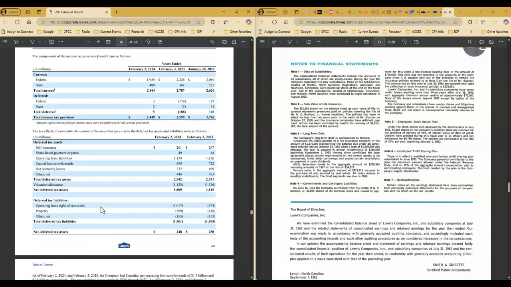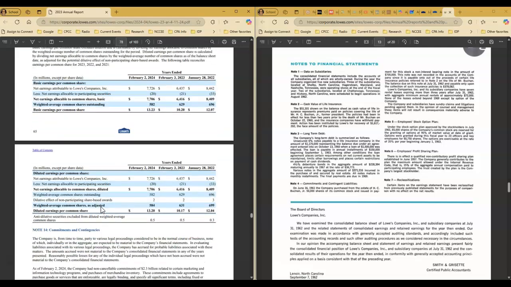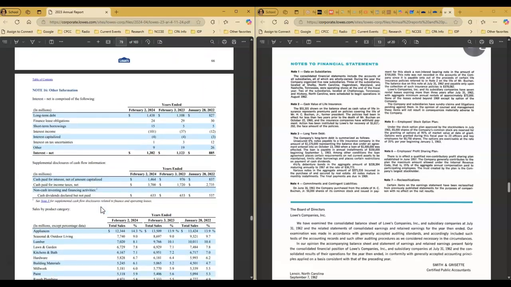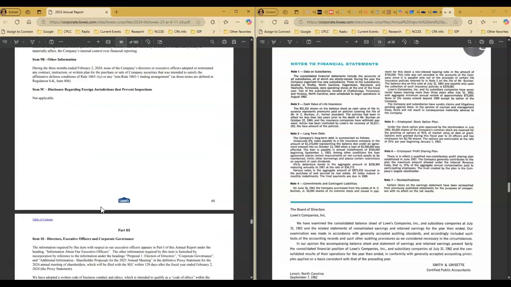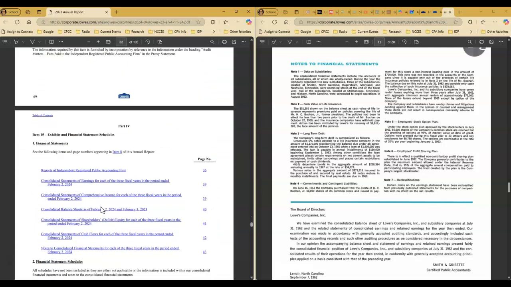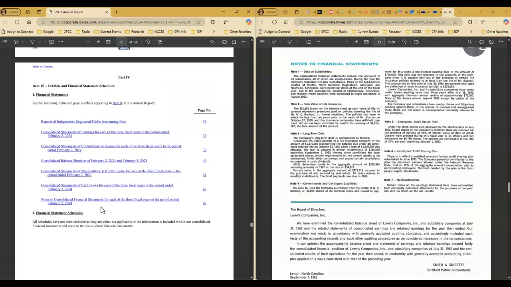So every bit of this is notes to the financial statements. So you got 4 pages of numbers, and you've got 27 pages of notes versus a half a page of notes. So again, the big thing that changed between 62 and 2023 is accounting standards have changed.